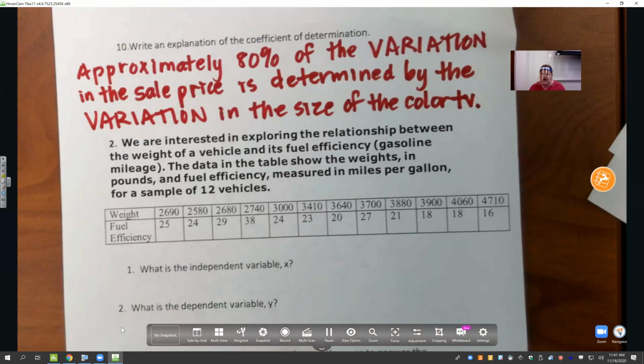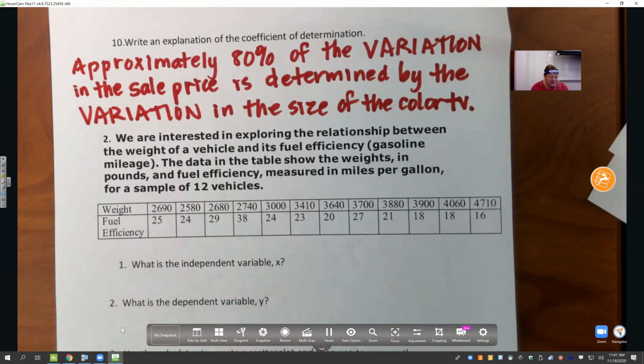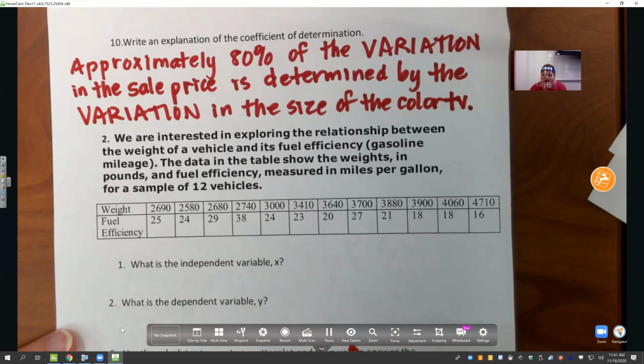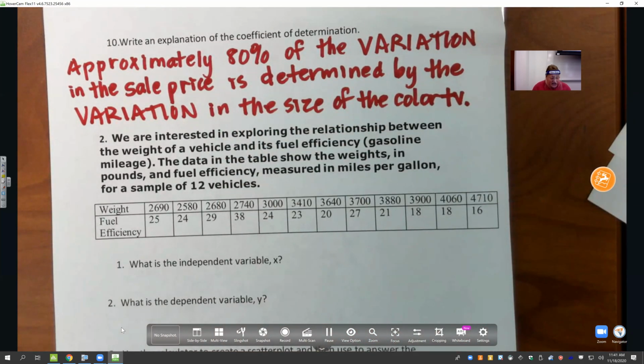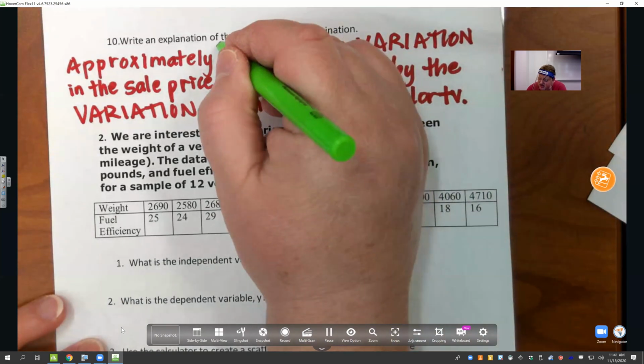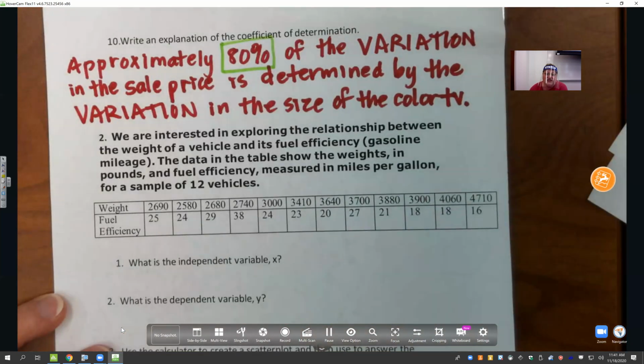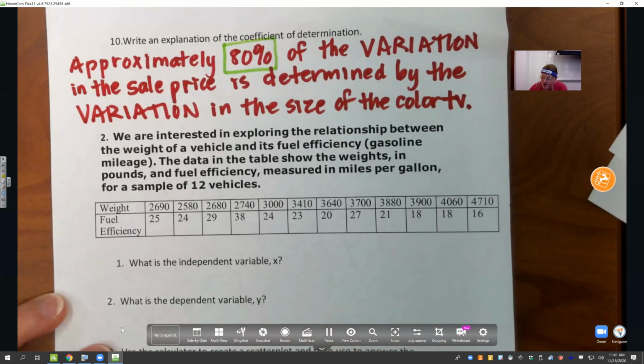Okay, approximately 80% of the variation in the sale price is determined by the variation in the size of the TV. Now, the pieces that change, of course, this percentage is going to change from question to question.